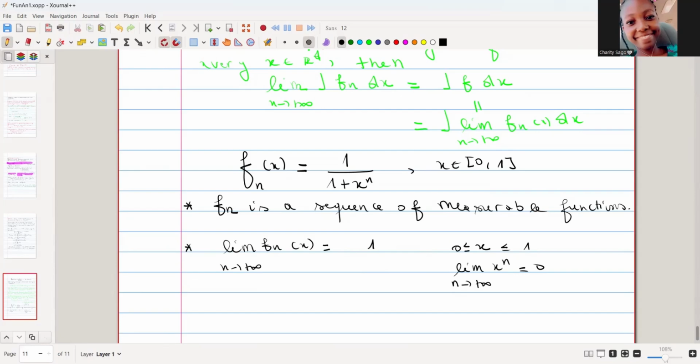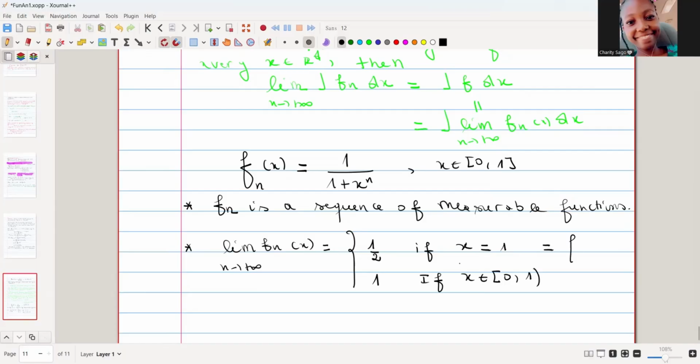If x equals 1, what do we have? It's 1 over 2 if x equals 1. It is 1 if x is 0, and 0 if x is between 0 and 1. Yeah, this one is true.